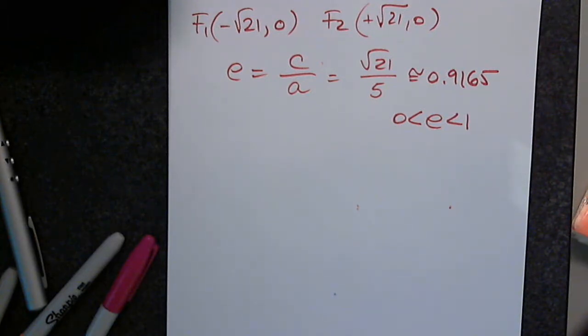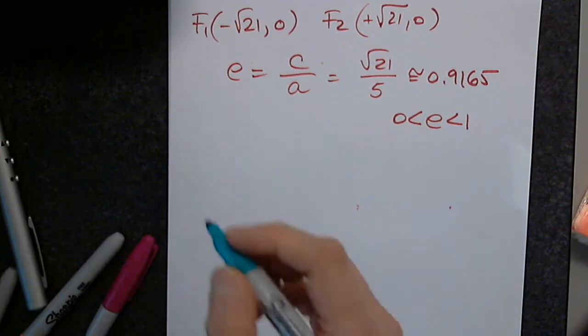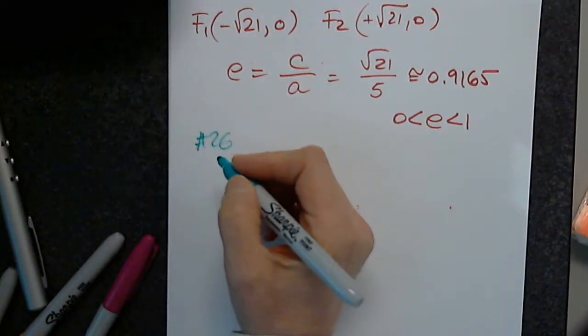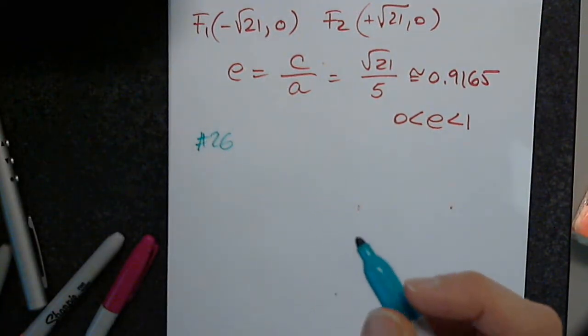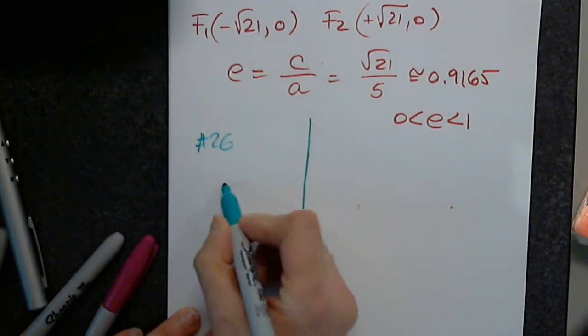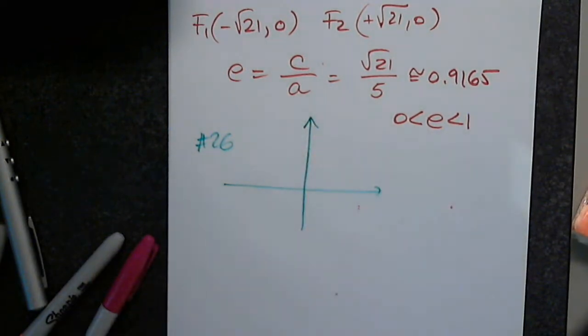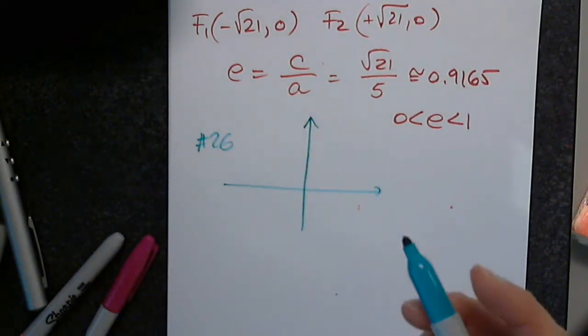Like the graphs. You want to look at graphs? Okay, which one? 26. 26 it is. In 26 we have, I'm going to copy what I see.